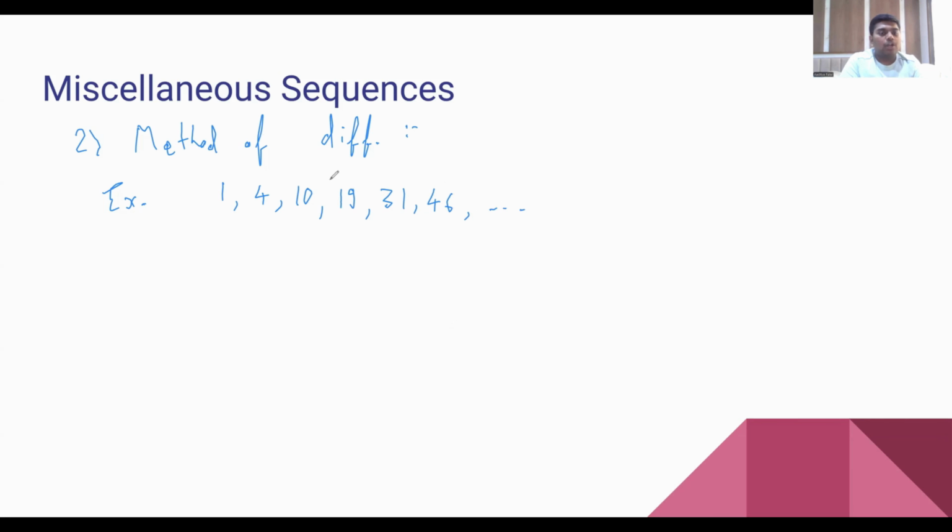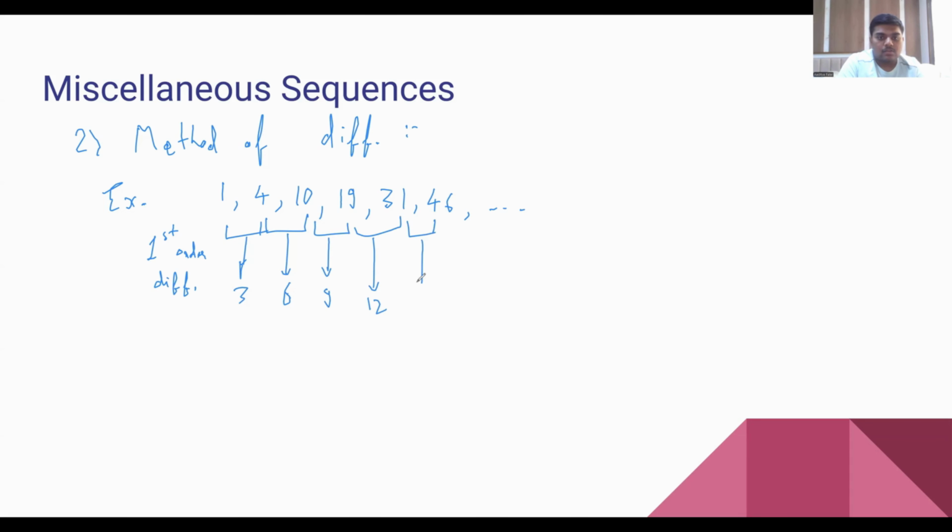So now what we do is the iterative difference, first order difference, which is the difference of these two, which is equal to 3. Difference of these two is equal to 6. Difference of these two is equal to 9. Then 12.